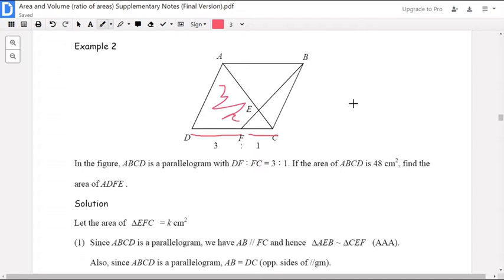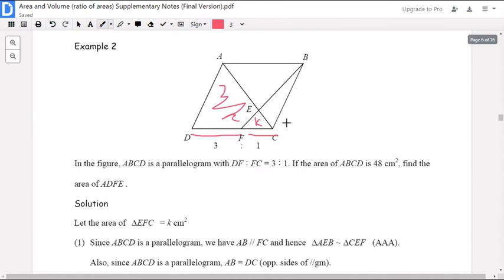Okay, how to find this area? Look at the figure. The two lines divide the parallelogram into 4 parts. To simplify our calculation, we may always let the smallest part's area be K.